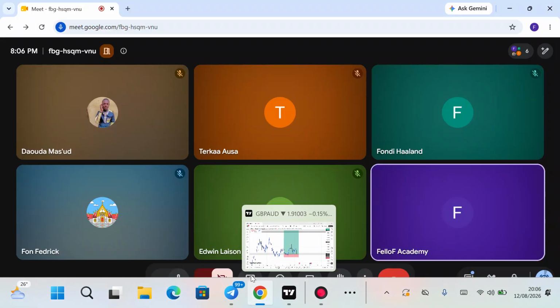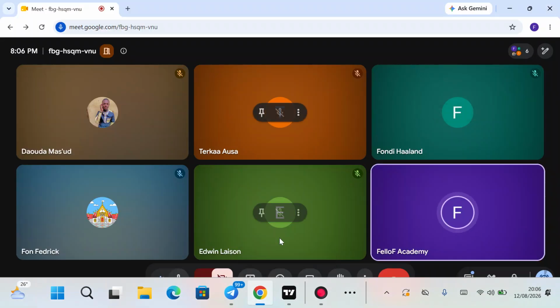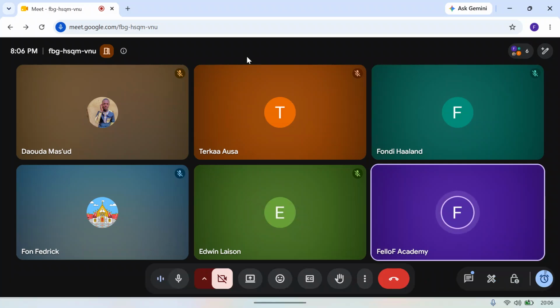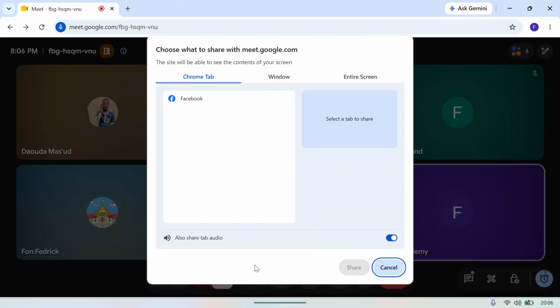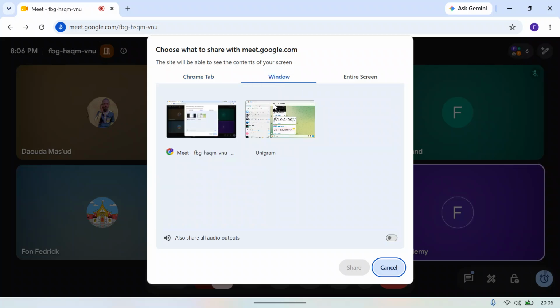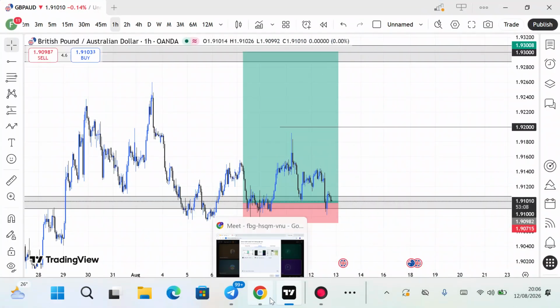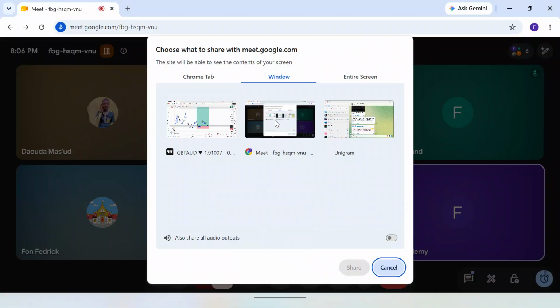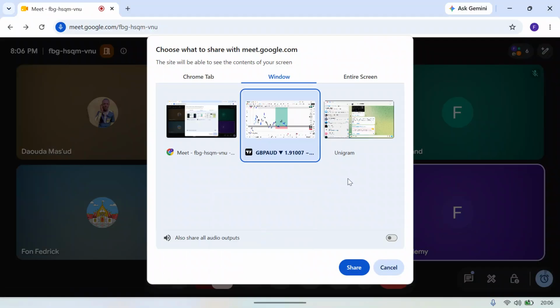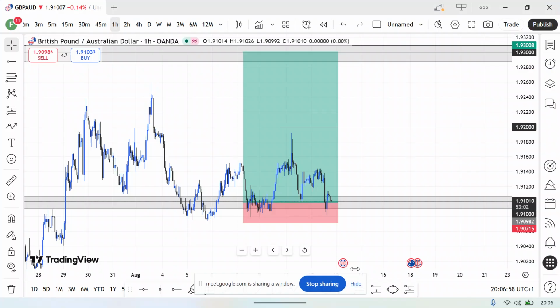Okay, so I will share my screen and we'll start with our TradingView. I think we try to open TradingView first. Okay. So is anyone having a question in regards to what we did yesterday?